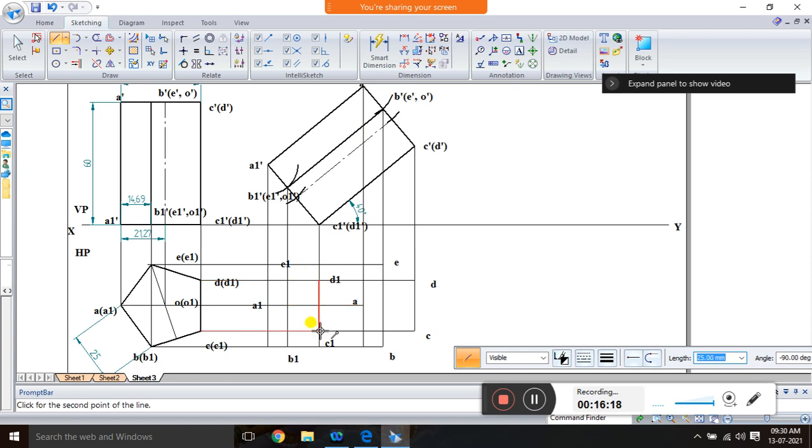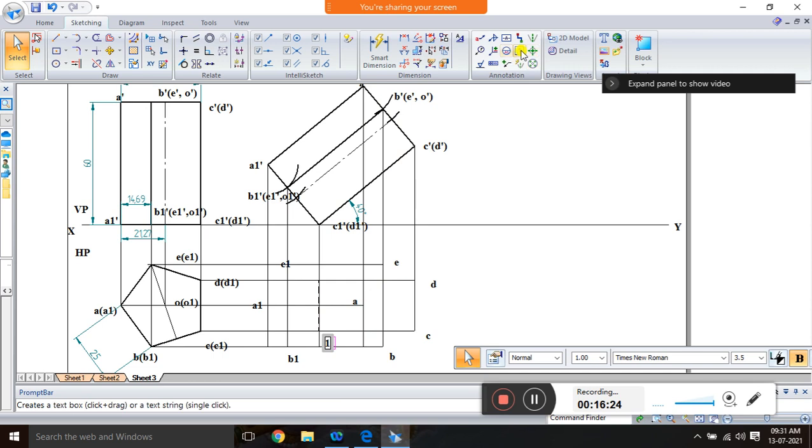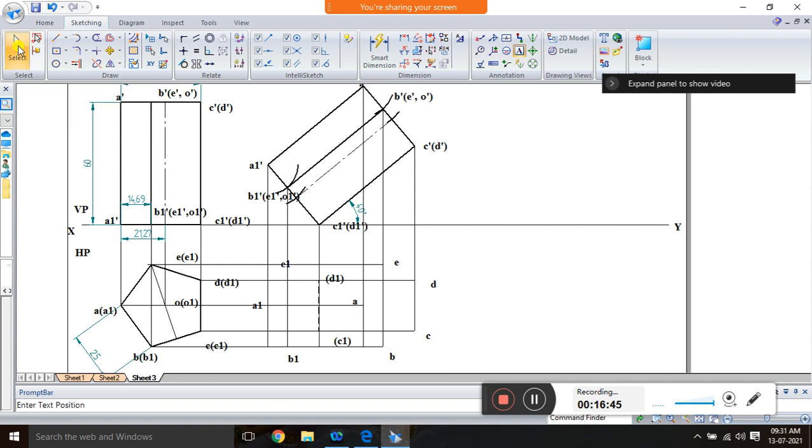So you have to write like this dotted line, and also you have to put these two points in brackets. So use this, and here in bracket it's D1, and in bracket it is C1. So like this you have to mark it.